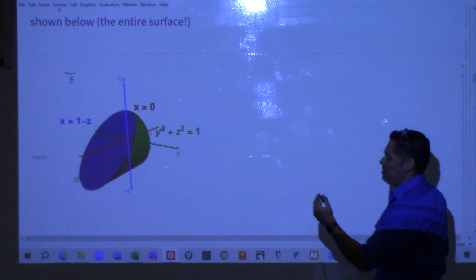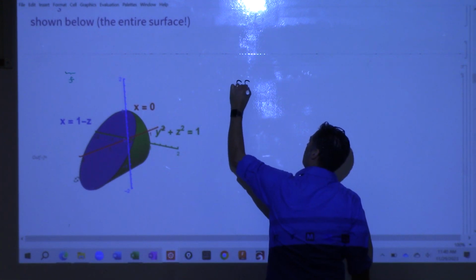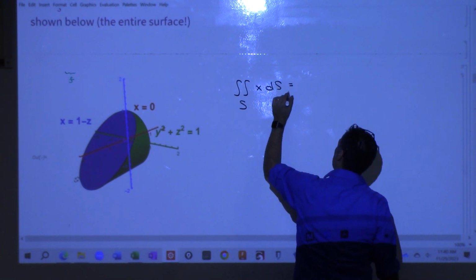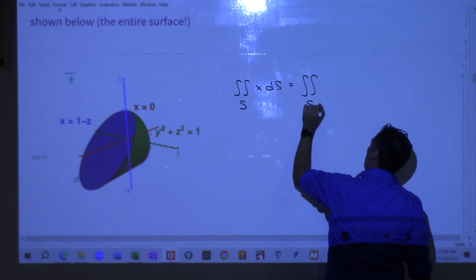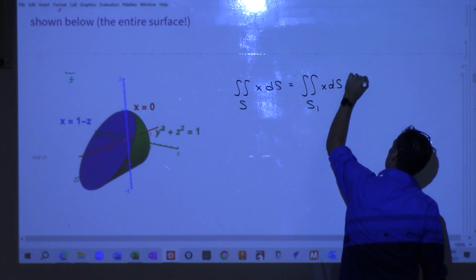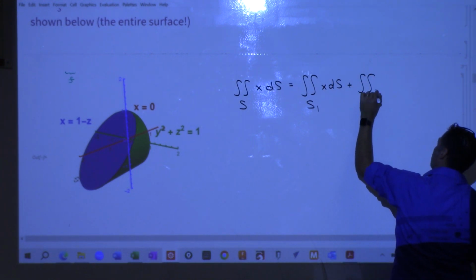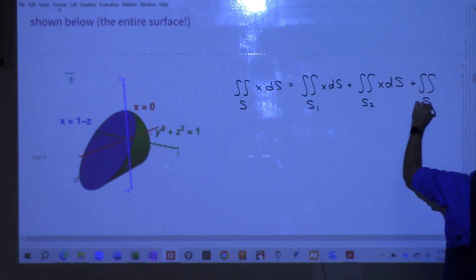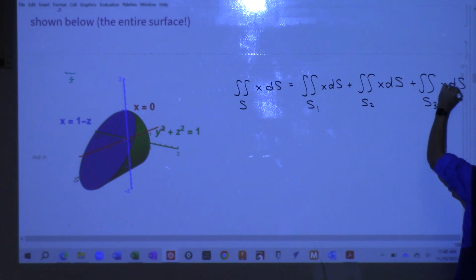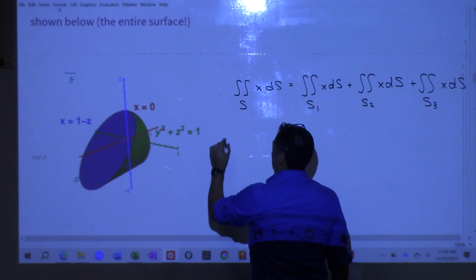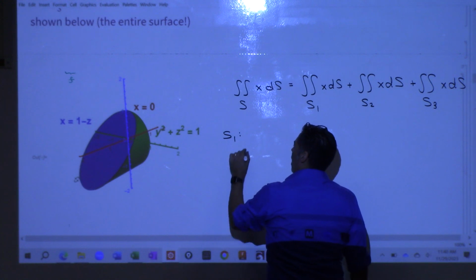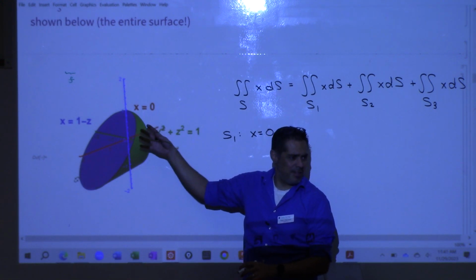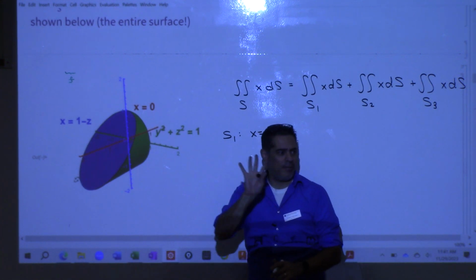So let me just jot down what we're doing. We're doing the double integral over S of x dS. What this is going to turn out to be is a double integral over S1 of x dS plus the double integral over S2 of x dS plus the double integral over S3 of x dS. And here we have three surfaces. I'm going to let S1 be x equals 0, that backside, because I think that's the easiest one of all of these, because it's just a flat plane.